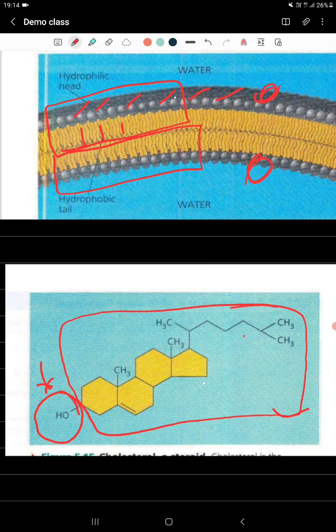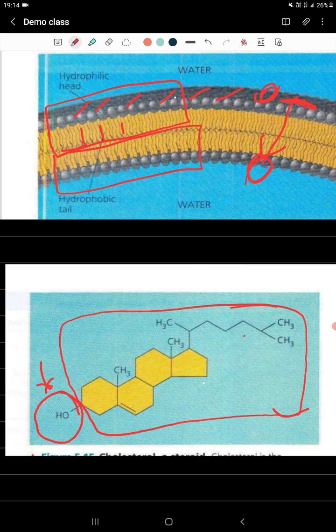The molecules present on the extracellular side of this plasma membrane cannot freely come towards the intracellular side, because to come from this end to this end, they have to travel all along these two layers of the hydrophobic part, and that is an energy-intensive action.